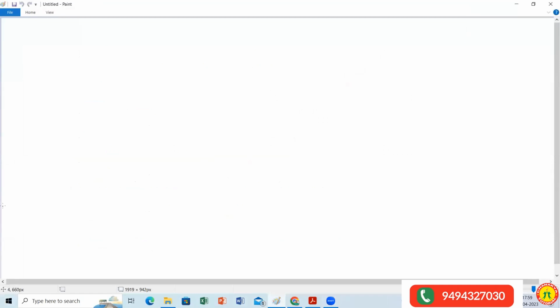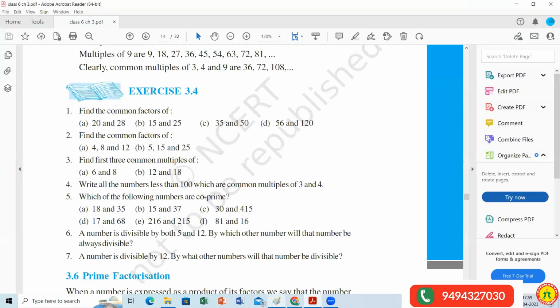Very good. How many multiples does a number have, finite or infinite? Infinite. The factors are finite, multiples are infinite.